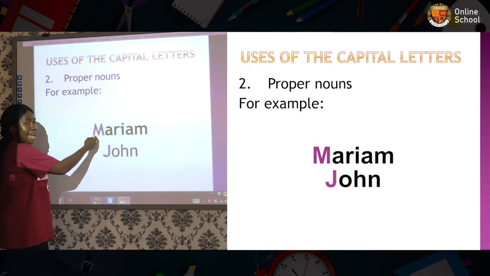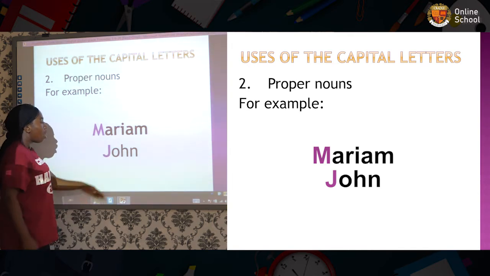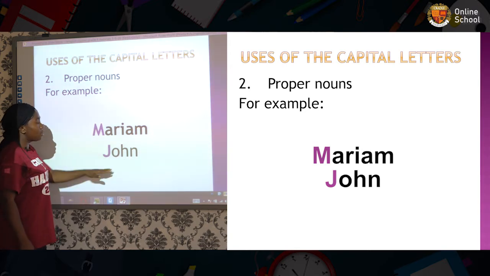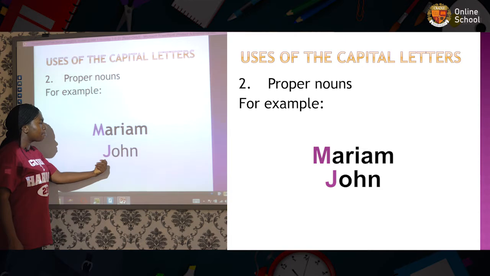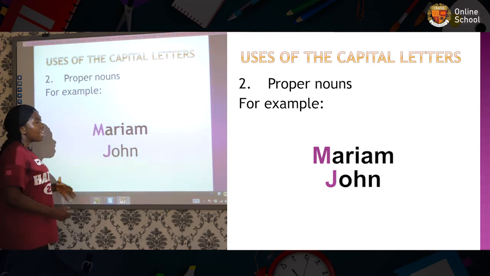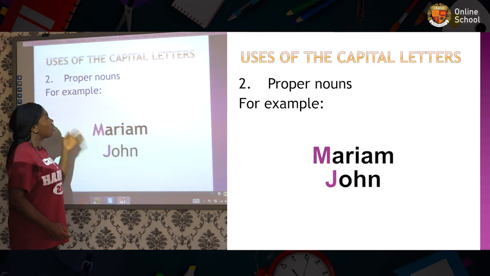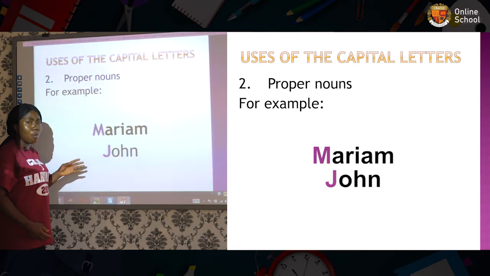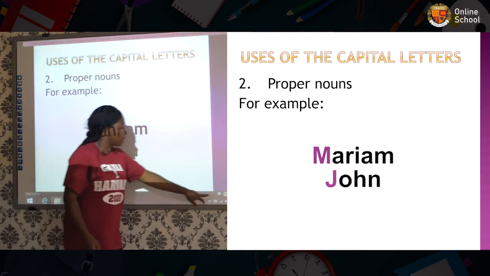If you look at the letter M, you see that it is a capital letter. Also, we have John. John also starts with a capital letter. So whenever we have the name of a person or a proper noun, we make sure they start with a capital letter.